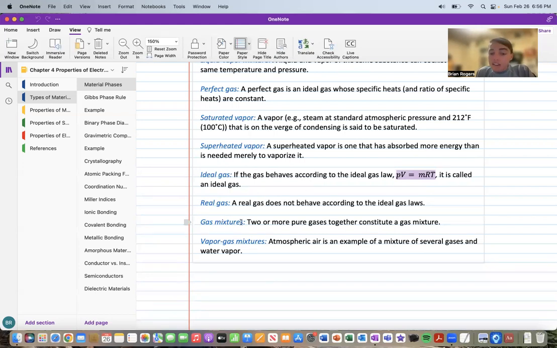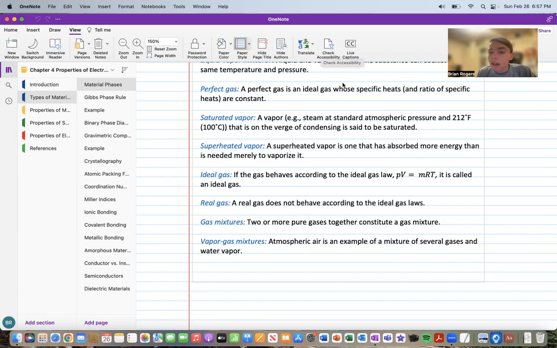And then a gas mixture. Think of just the name, a mixture. That means you're mixing things together, right? We're going to see two or more pure gases create a gas mixture. We're going to look at some diagrams where we'll see multiple elements that might be mixed together. You can think of carbon monoxide or carbon dioxide.